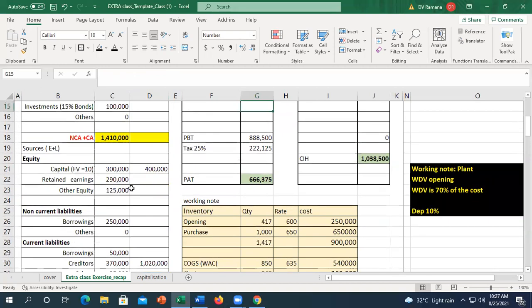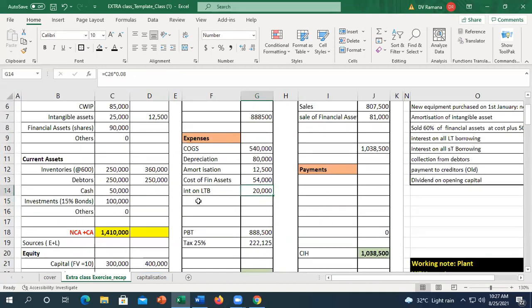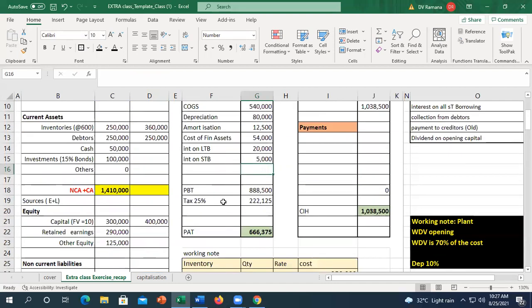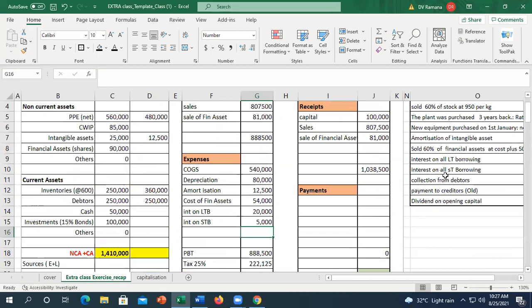And interest on short-term borrowings is 10%. Where is the short-term borrowing? The short-term borrowings into 0.10. So therefore, this is 20,000 on long-term borrowings and 20,000 on the short-term borrowings.